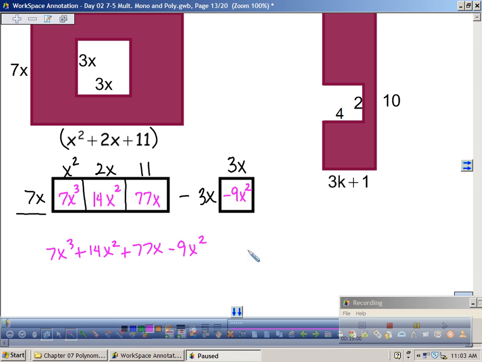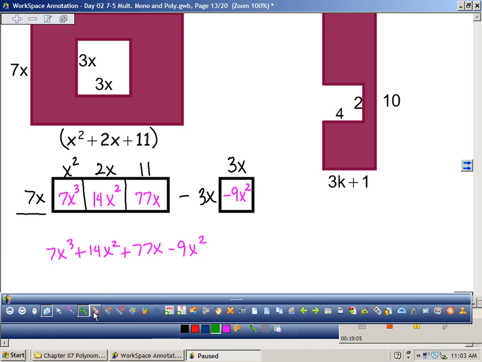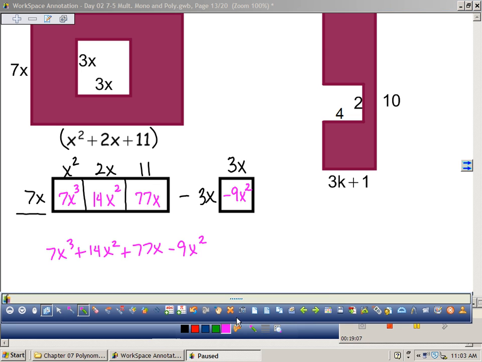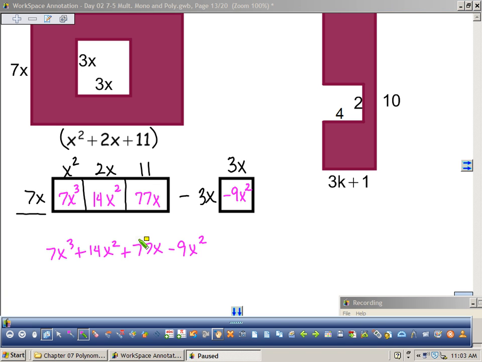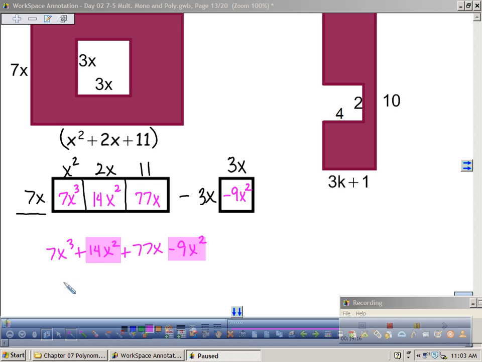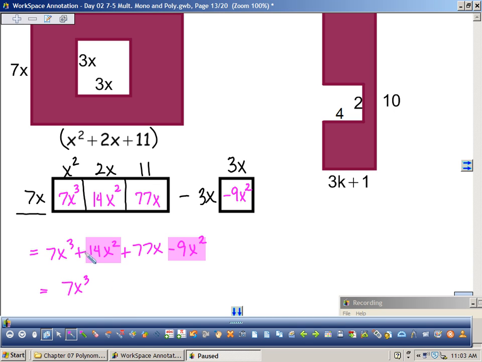Can I do anything with any of that? What can I do? Perfect. So we've got like terms here. All right, what would I write first? Good job. 7x cubed, we need equal signs here. 7x cubed, then what would I write?